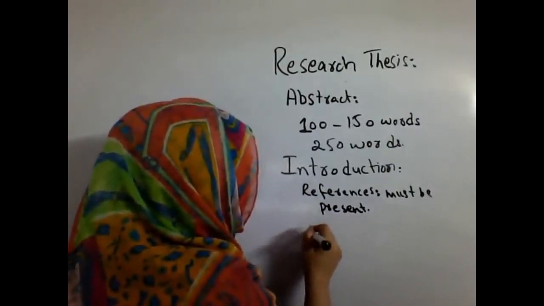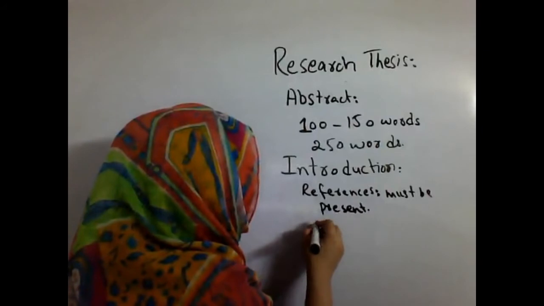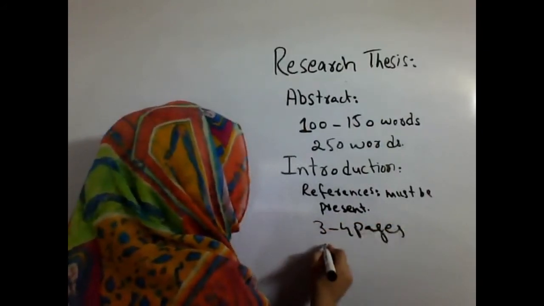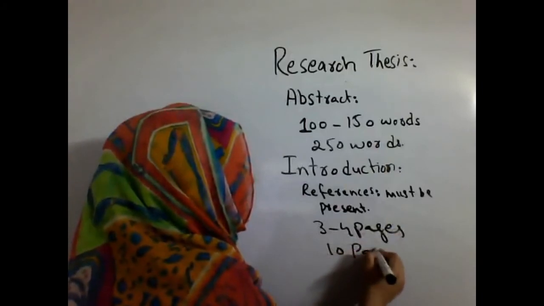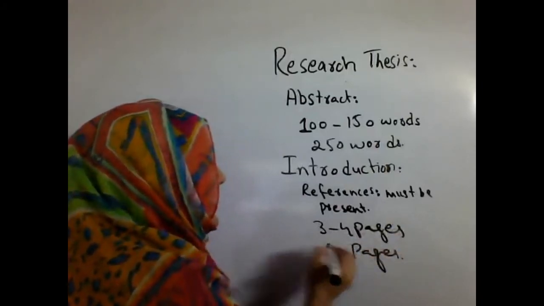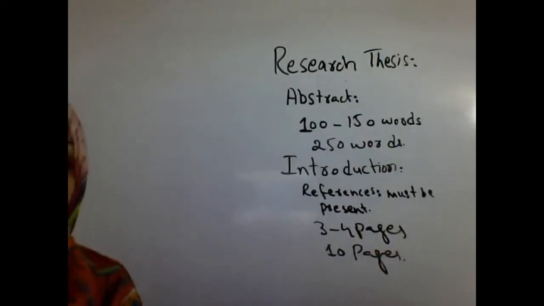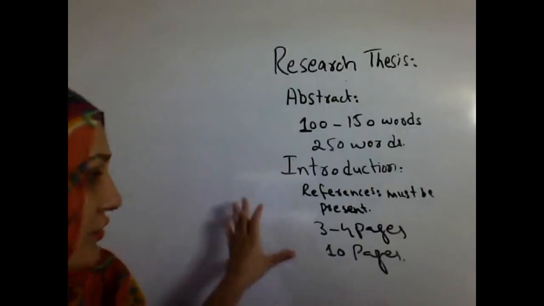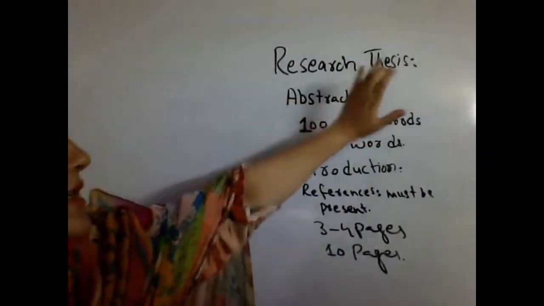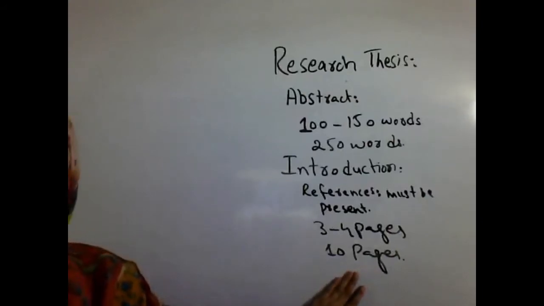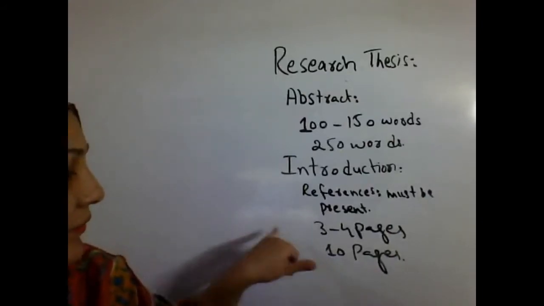A very good introduction for a thesis is not less than 3 to 4 pages and not more than 10 pages. If you want to write a valid and very attractive introduction for your thesis, you must not exceed 10 pages or go below 3 pages.